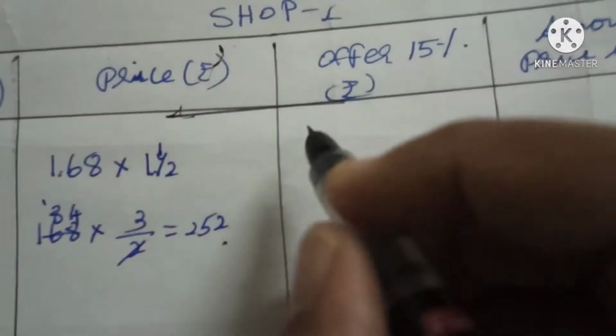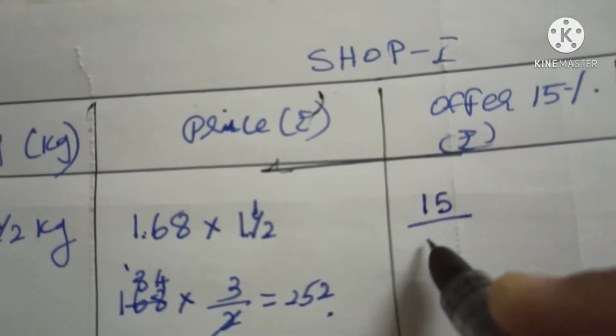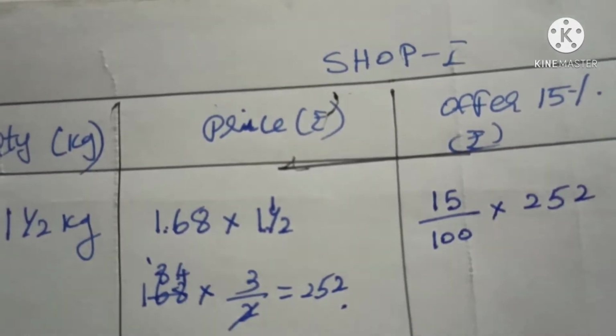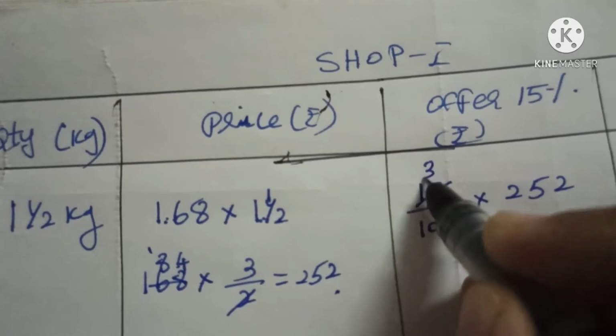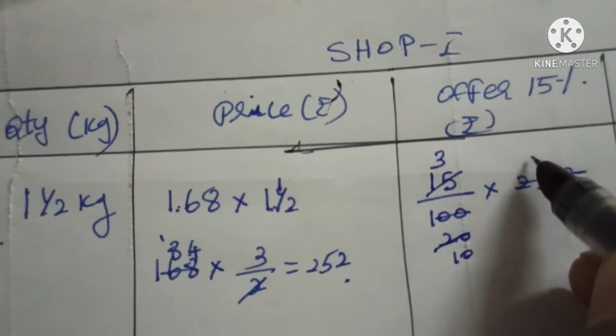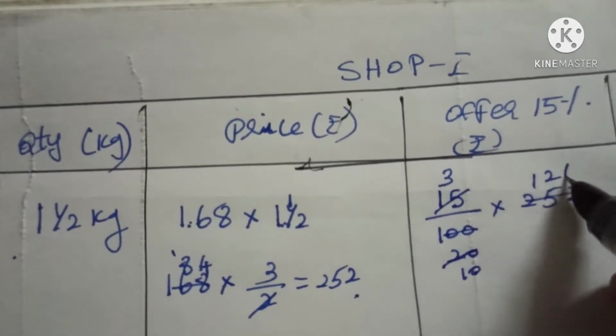But the offer price we have to find out, that is 15% offer. 15 by 100 into 252. 5 table, 5 3s are, 5 20s are, then 2 table, 2 10s are, 2 1s are, 2 2s are, 2 6s are.